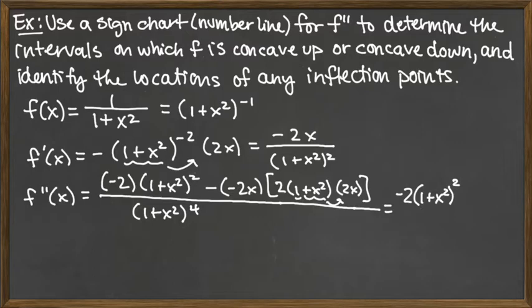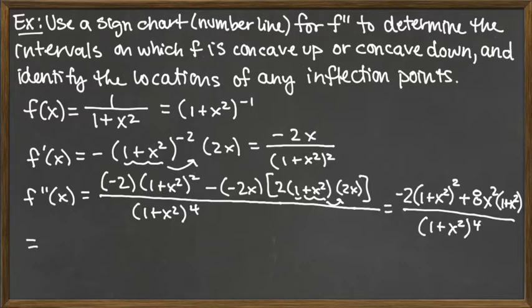And if we multiply out everything except for that factor 1 plus x squared, we have a 2x times a 2 times a 2x. So the 2 times 2 times 2 would be an 8. So we've got the plus because of the minus negative, 8. And then we've got that x times x, so it would be x squared. And then we do have that factor 1 plus x squared that we are holding on to. And it's all over the 1 plus x squared raised to the fourth power.